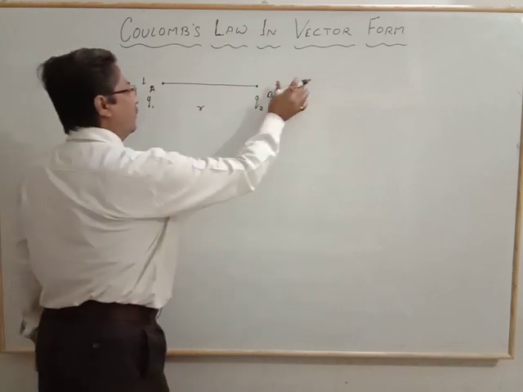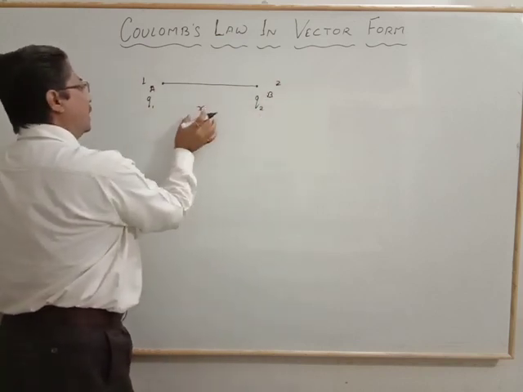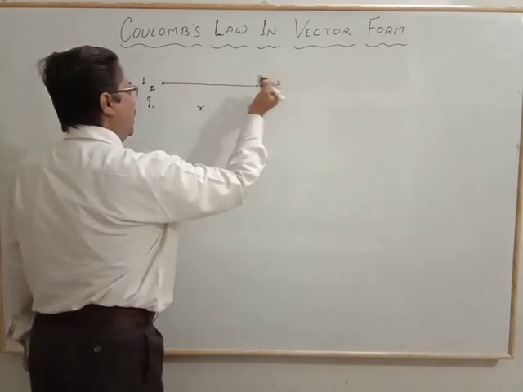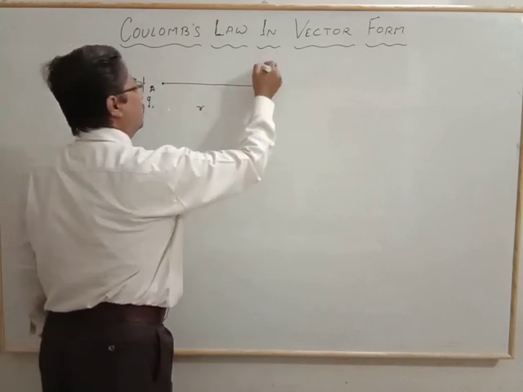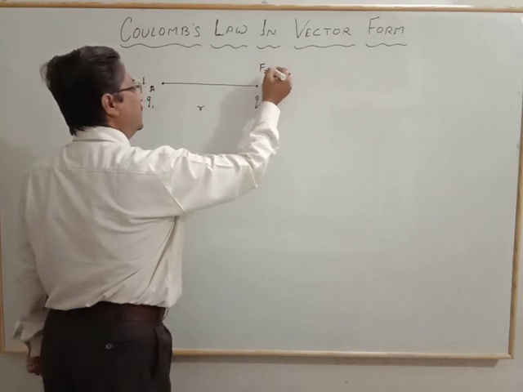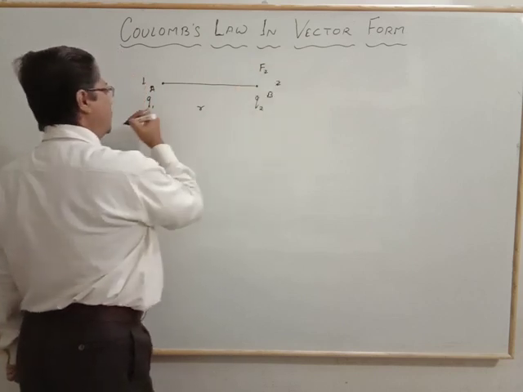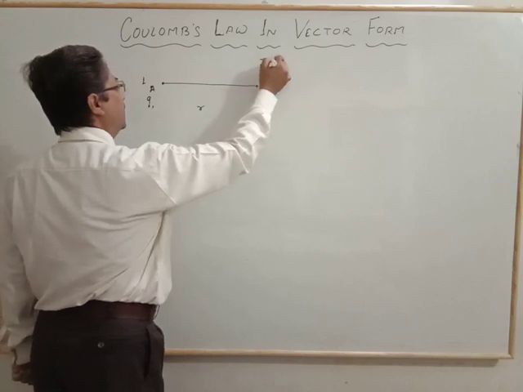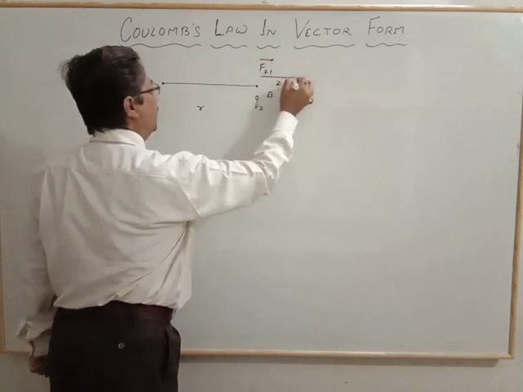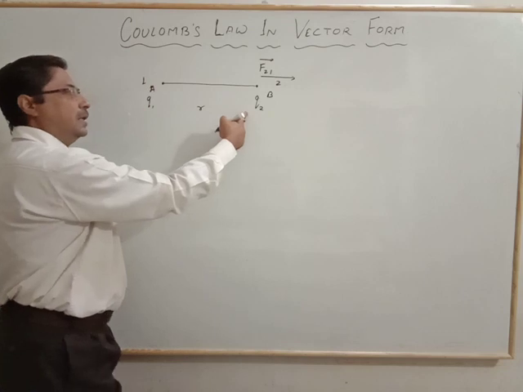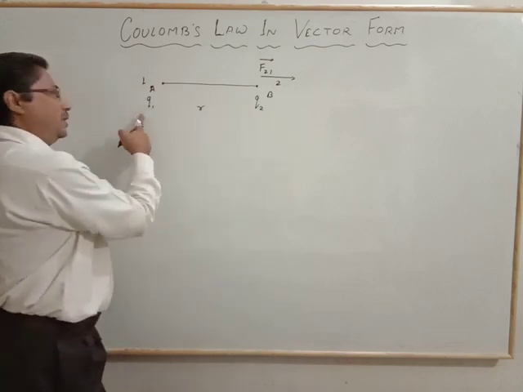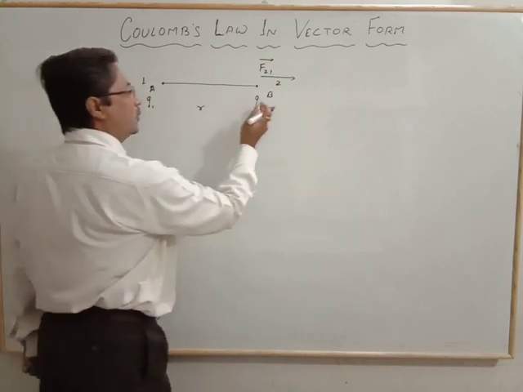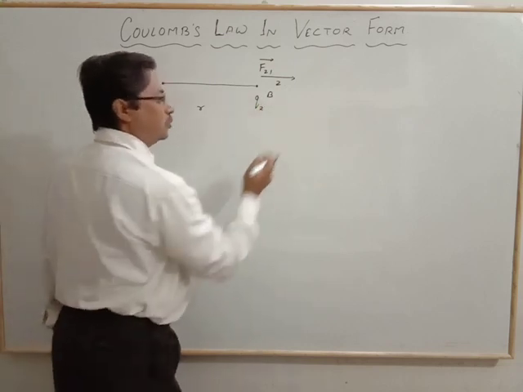So here we see the two charged particles have forces. The force on the second, due to the charged particle one, is F21, and that force has a direction. If the charged particle is positive and Q1 is also positive, in that case there is repulsion, meaning the tendency of the force is outward.